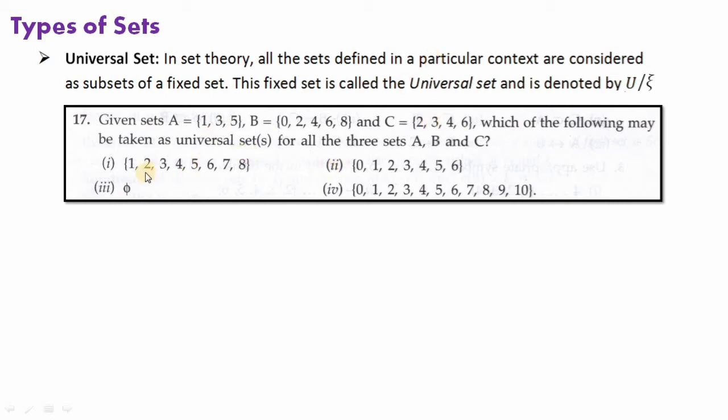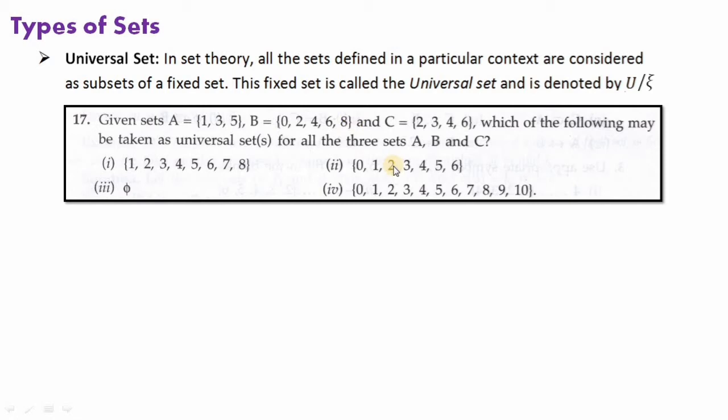Okay, so if I choose this, we see that B contains 0, but this does not contain 0. So that's why this cannot be taken as the universal set, because B is not a subset of this set. Alright, now let's take this one. So we have A containing 1, 3, 5. Let's see if 1, 3, 5 is there or not. Yes, 1, 3, 5 is there. 0, 2, 4, 6, 8.